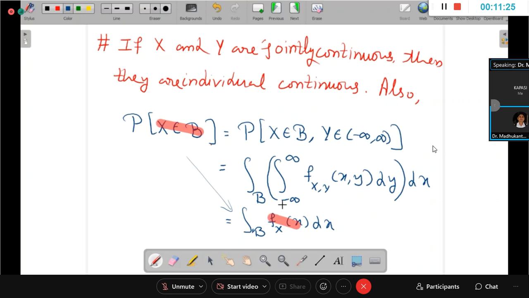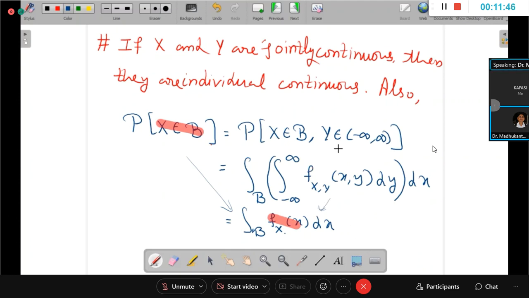Or else, you take the y limit over the whole sample space and the x limit over the set B. If you don't want to go with this, you will automatically get down to this in the evaluation part.